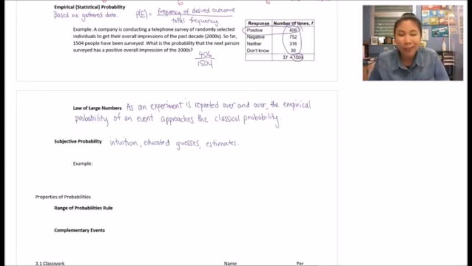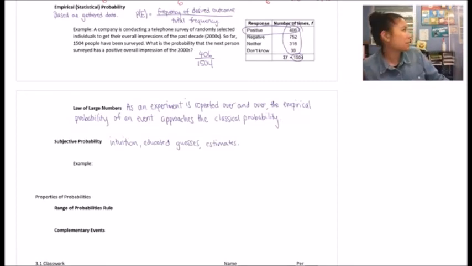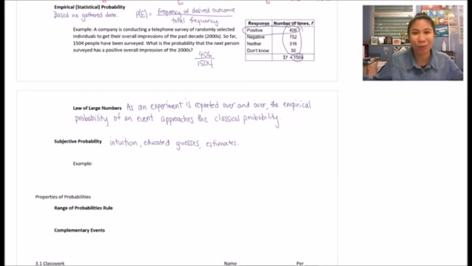The last type of probability I want to talk about today is subjective probability. This is the most basic, non-mathematical one, because it's based on your intuition, like your best guess. So if I said, I feel like there's a 40% chance of rain today, I'm not a weatherman and I don't know these things, but that's how I feel.